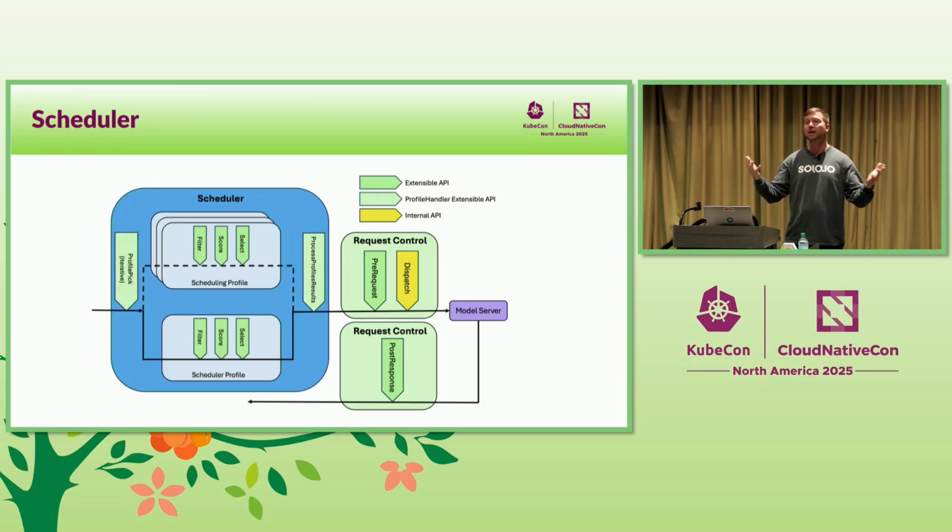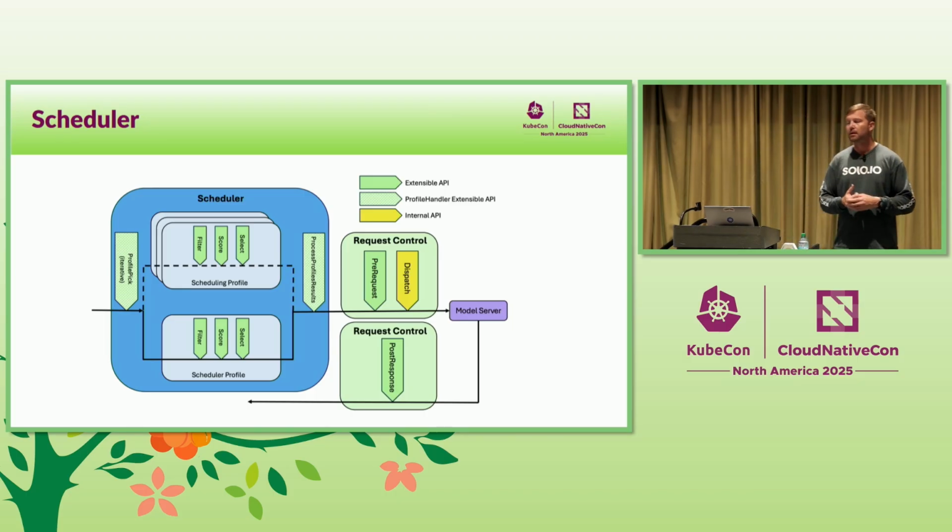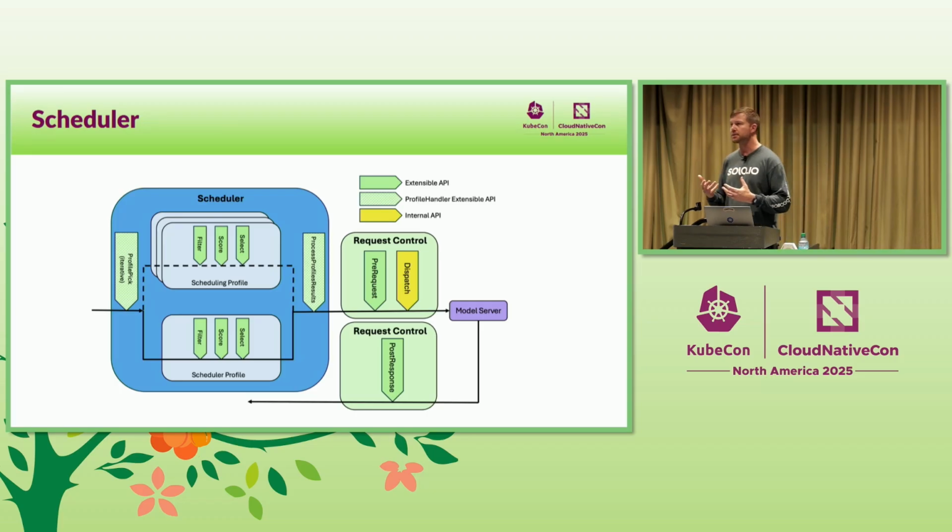So if I have multiple replicas of my model server and I need to decide which replica in that replica set is the best to handle that request, I use these filter and score plugins to make that decision.